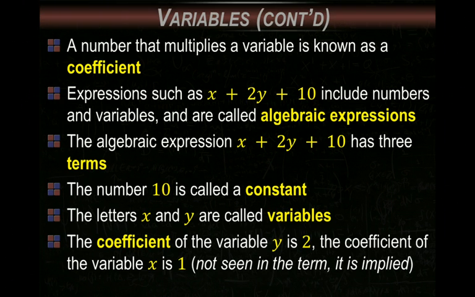This is called an algebraic term. There are 3 terms in that expression, okay? We'll also talk about other things, like the number 10 is what's called a constant. Obviously, x and y are variables. The coefficient of y is 2. So you can start to dissect a piece of algebra into different words, okay? And we'll kind of talk about that later.